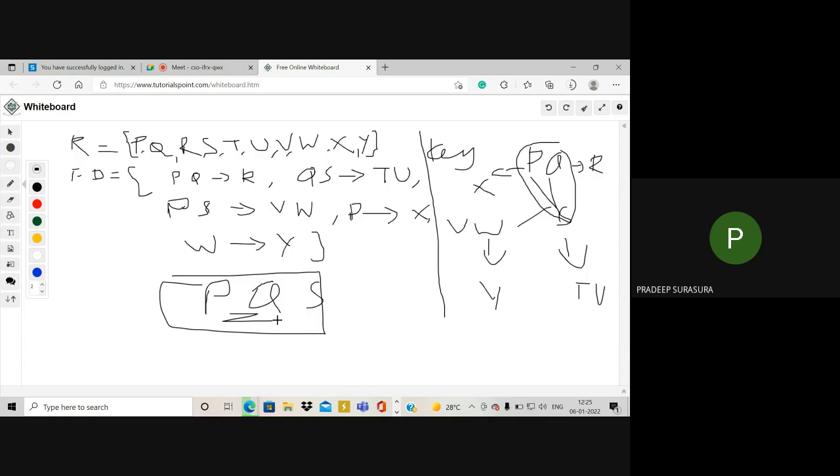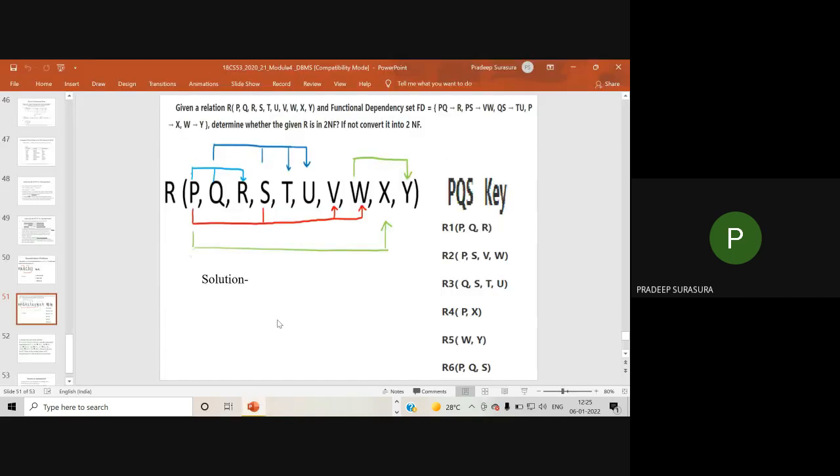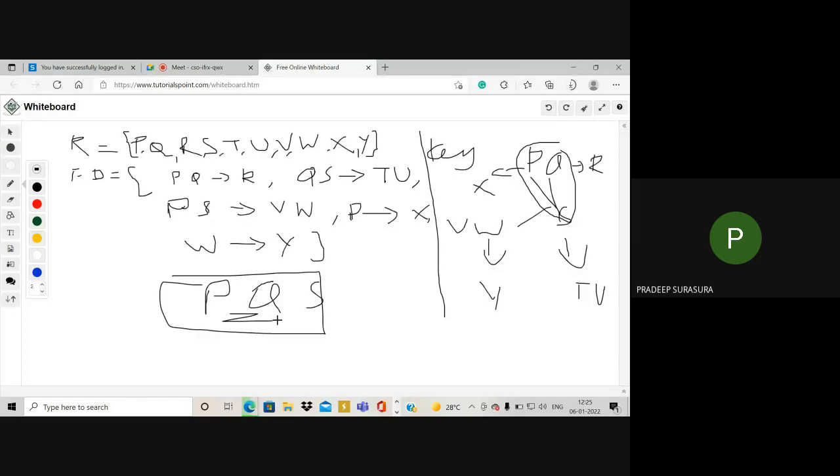According to the second normal form definition, I observe that PQS is the key, and I will try to normalize it to satisfy second normal form.